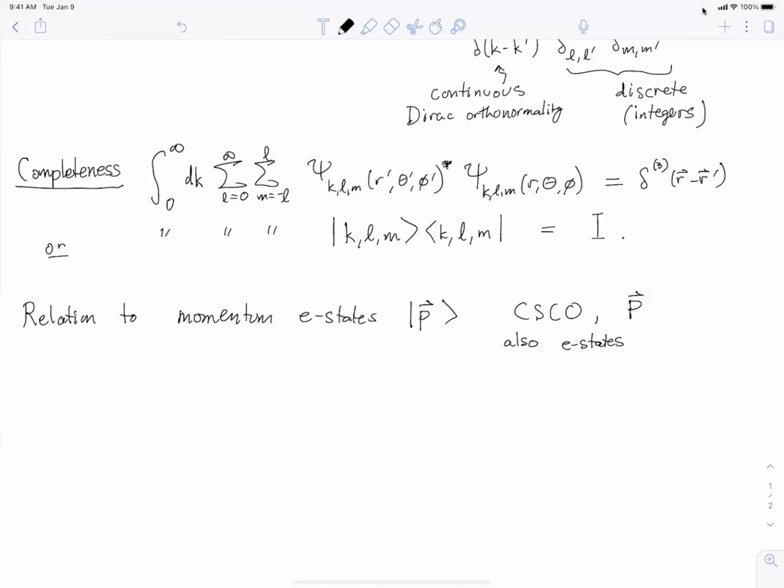The reason they're eigenstates of the Hamiltonian is because the Hamiltonian commutes with the three components of momentum if it's a free particle because there's no potential. And so the eigenvalues, in fact, are the magnitude of P squared over twice the mass.